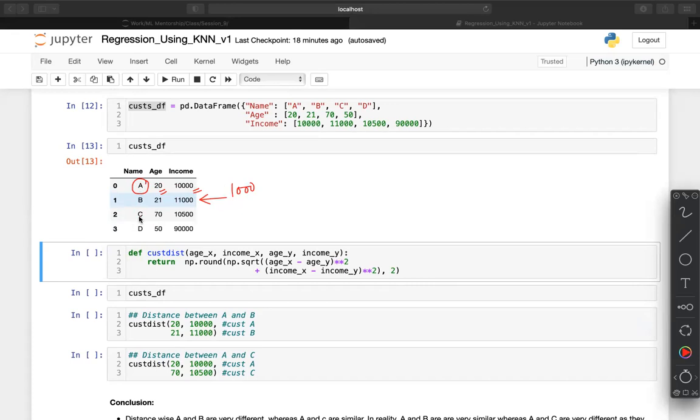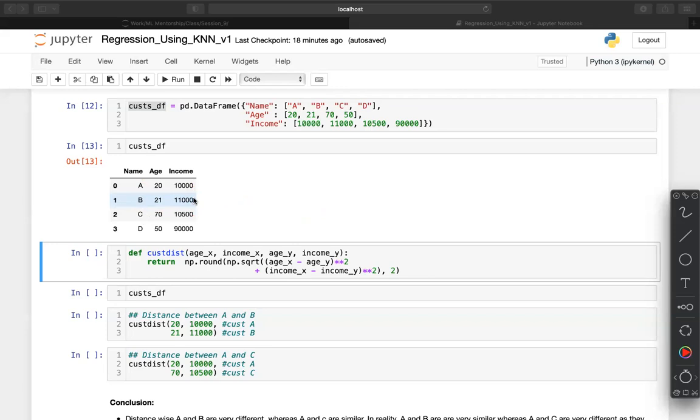Whereas if you look at A and C, the customers have an age difference of 50 years, so they're very different in terms of age, and income is again not much different, but the age is very different. So I would say A and B are very similar in demographics compared to A and C.